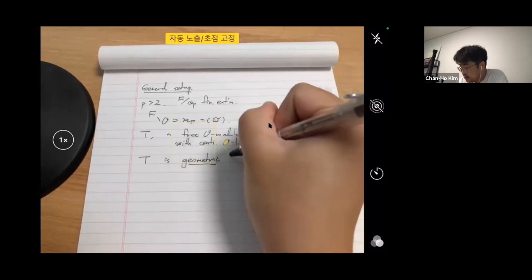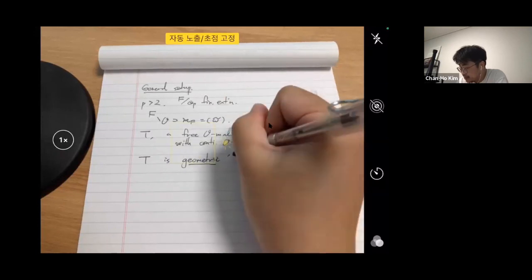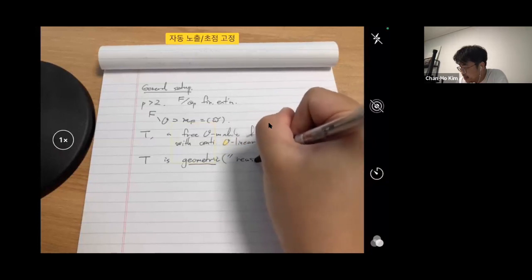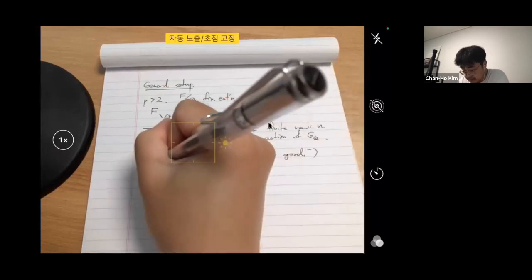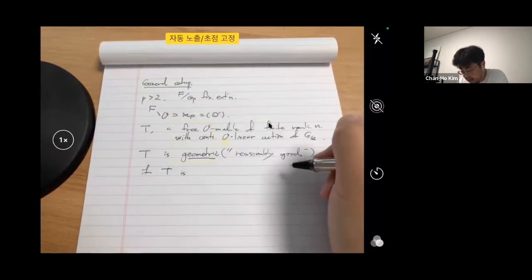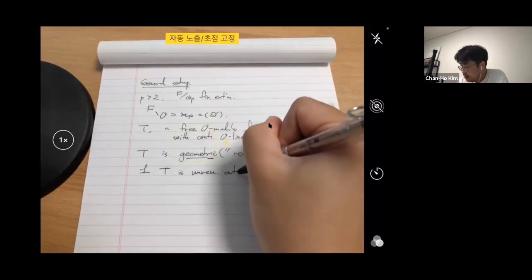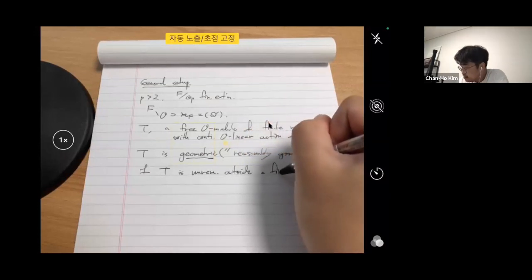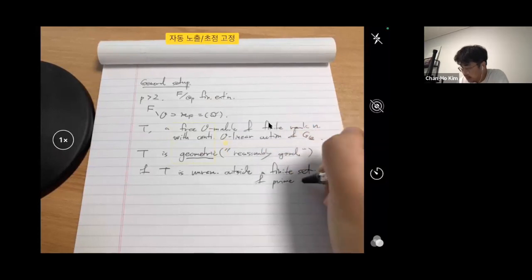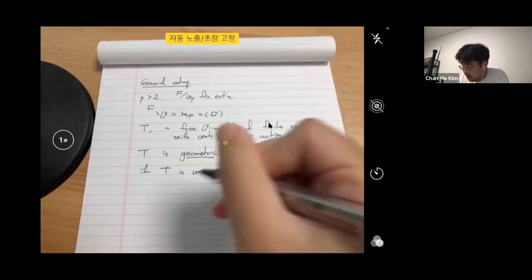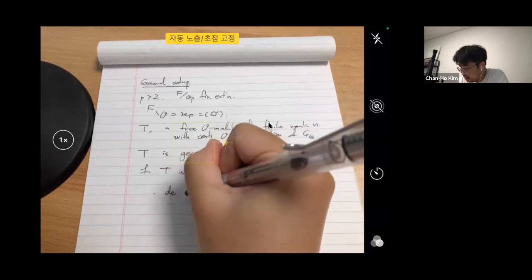If you are not familiar with this, you can regard it as reasonably good. T is unramified outside a finite set of primes, usually denoted by Sigma, and at p we hope it is de Rham in the sense of Fontaine.